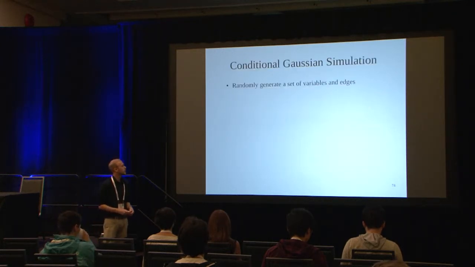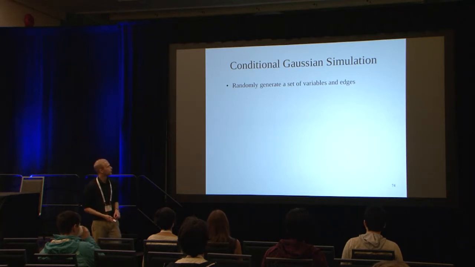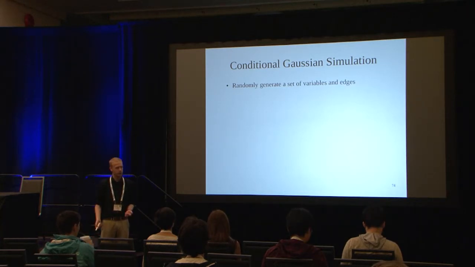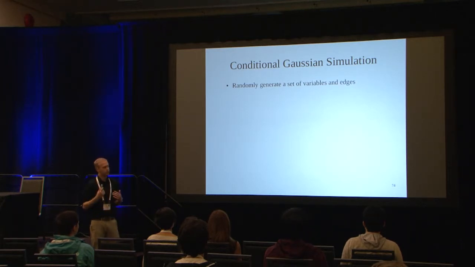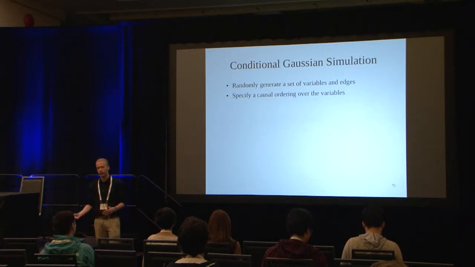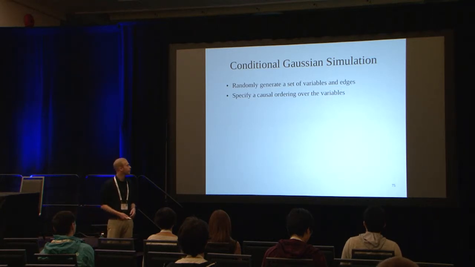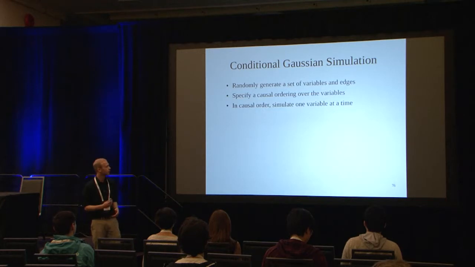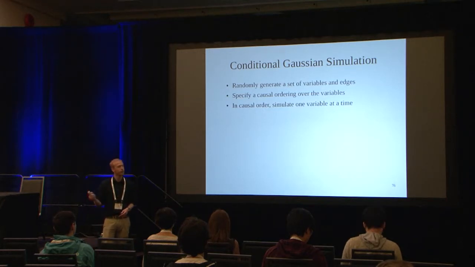So for simulations, the first simulation we tried was based off of a conditional Gaussian model. What we did was we randomly generated sets of variables and edges. We specified a causal ordering over all the variables, and this directed our edges for us. And then in causal ordering, we simulated one variable at a time.